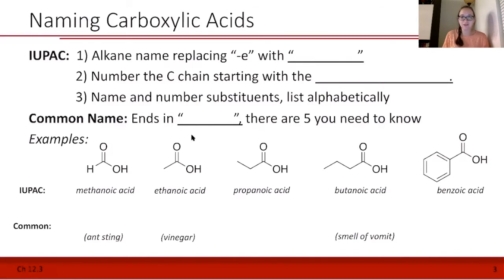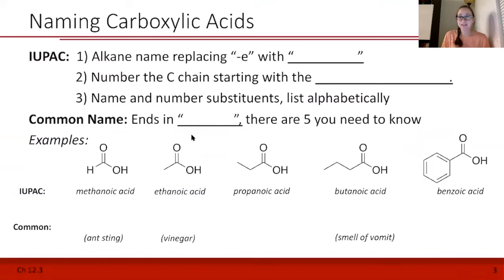The naming convention is similar to how we've been doing our other functional groups where we change the ending of our base name. So instead of replacing the E at the end of the alkane chain with OL or AL or whatever else we were talking about with those different functional groups, for this functional group, it's going to end with OIC, and then space acid.